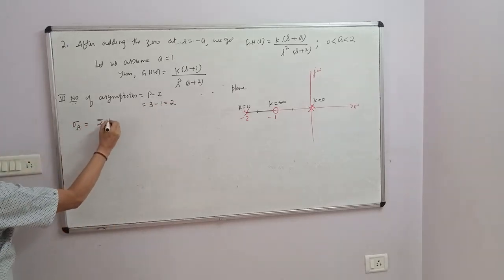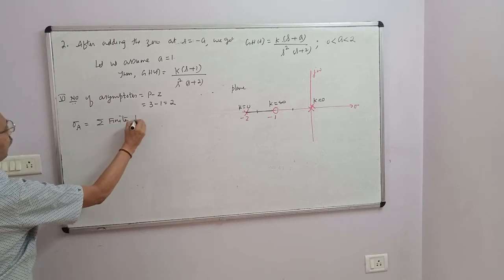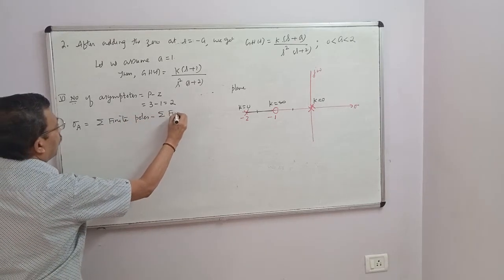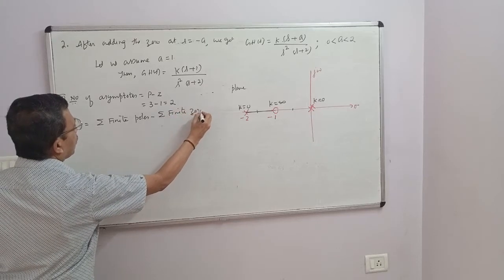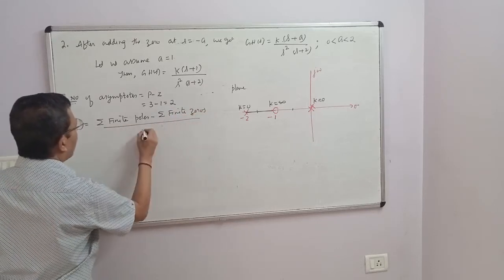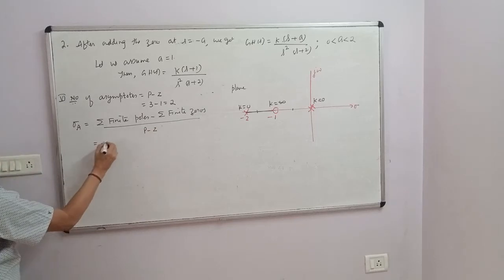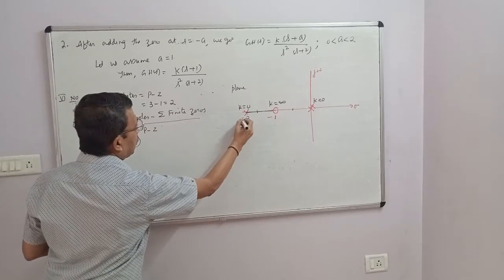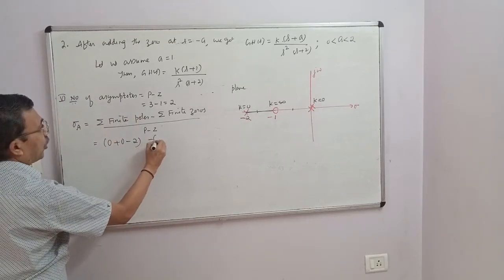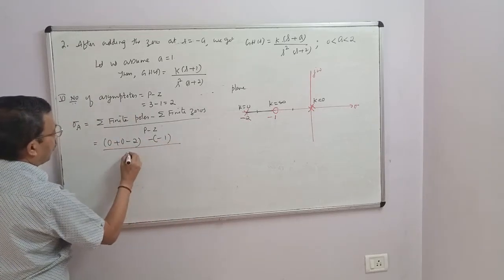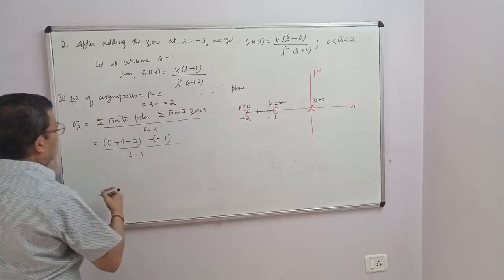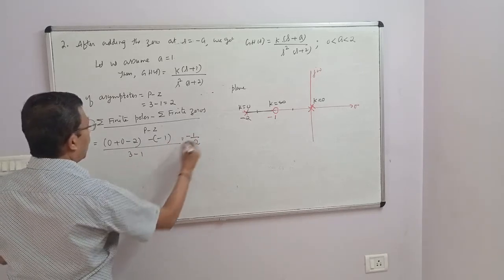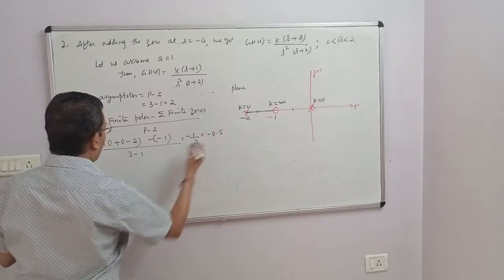Sigma a is equal to summation finite poles minus summation finite zeros divided by p minus z. Add all pole locations. 0 plus 0 minus 2. This is minus 2. Minus of minus 1 divided by 3 minus 1. So this is minus 1 divided by 2 equal to minus 0.5.